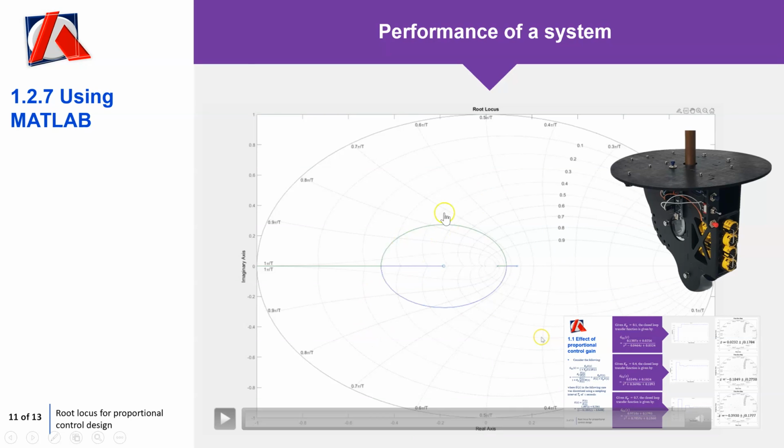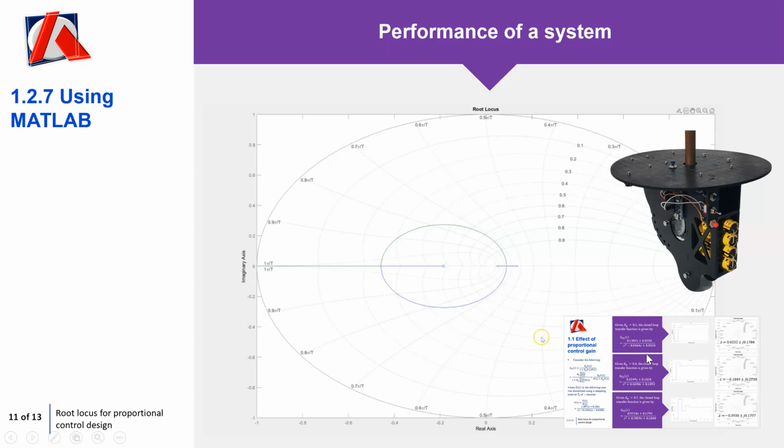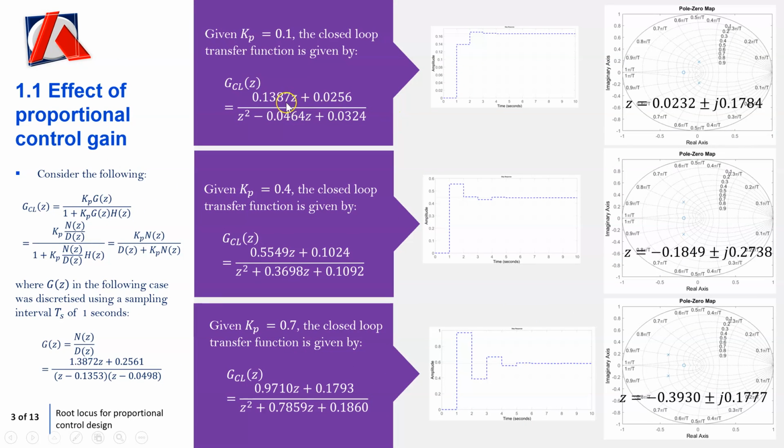Now, at the beginning of the lecture we had this closed loop transfer function, and I showed you we've used the same transfer function all the way through. However, when we went through the rules of root locus, we just used the open loop transfer function. Here I applied a step input and also looked at the poles on the Z plane to show the location.